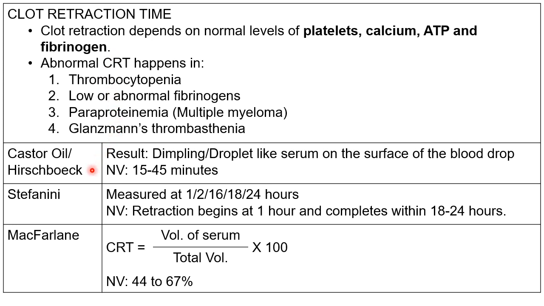So as a recall, we have 3 types of methods in clot retraction time. Pwede kang mag-castor oil or Hirschboeck method, Stefanini, and McFarland method, which is a more specific or a more accurate method for clot retraction time as compared to the previous two.